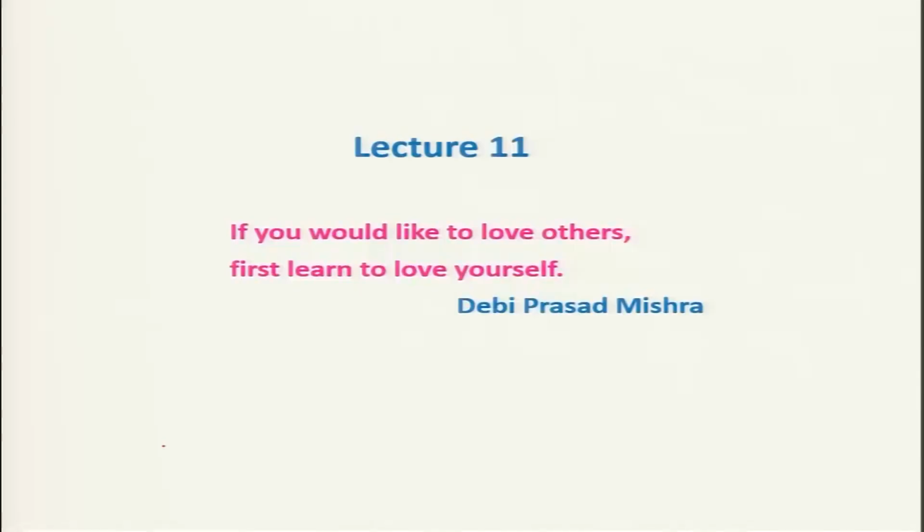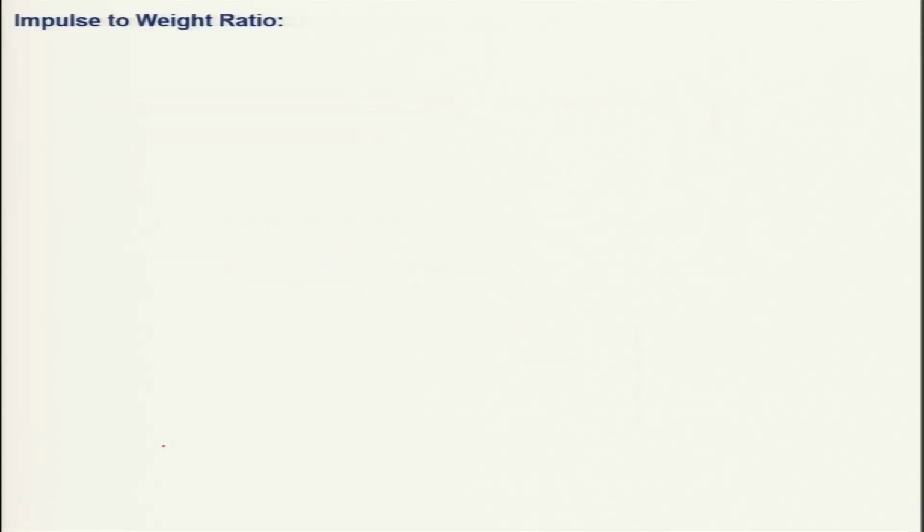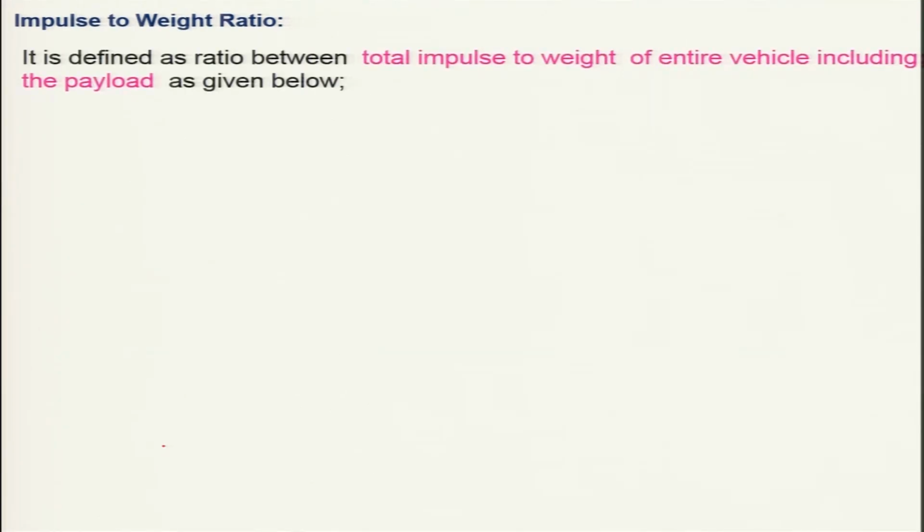Today we are going to discuss the thrust to weight ratio, or impulse to weight ratio, which is defined as the ratio of the total impulse to the weight of the entire vehicle, including the payload, as given below. That is, IWR is equal to I divided by W.